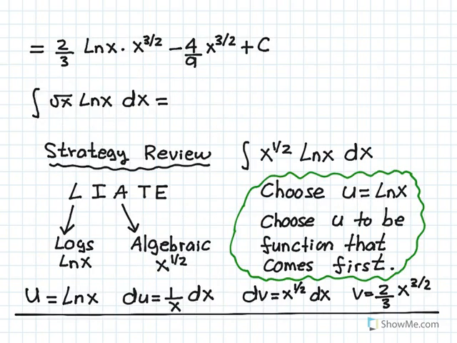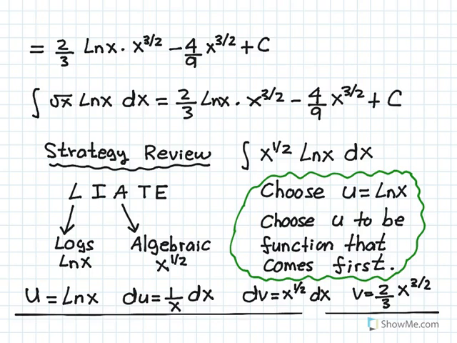So what we have as a result is 2/3 log x times x to the 3/2 minus 4 over 9 x to the 3/2 plus c. Let's write that down. The result of the integral is 2 over 3 log x times x to the 3/2 minus 4 over 9 x to the 3/2 plus c.